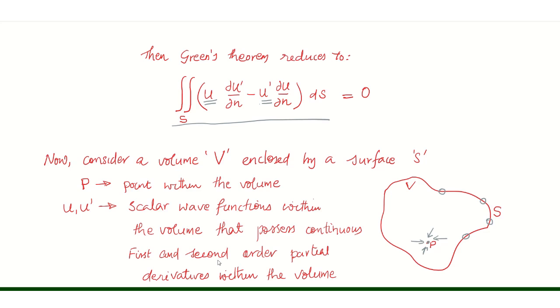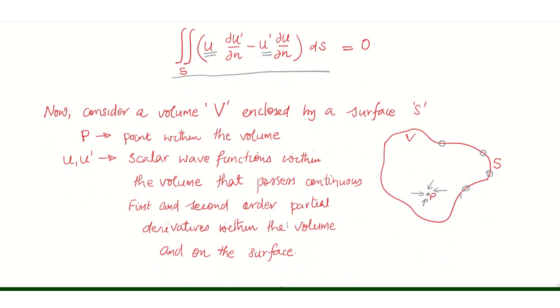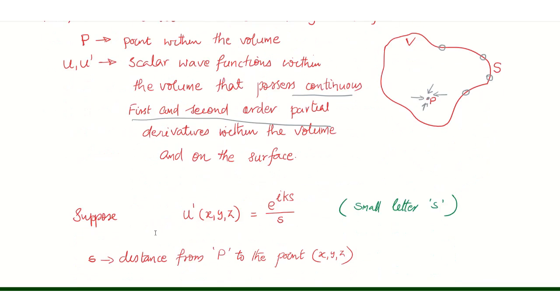That surface is enclosing the volume that we are interested in. Here V is the volume, P is a point inside the volume, and U and U prime are scalar wave functions within the volume. Also, in order to apply Green's theorem, it needs to have continuous first and second order partial derivatives within the volume and on the surface.